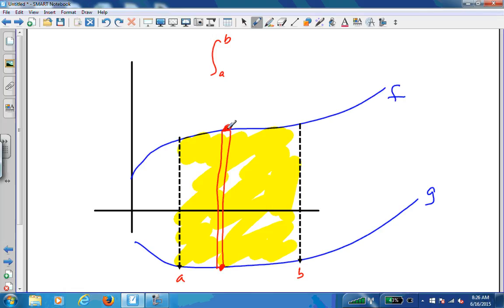So if we take this distance, that distance is given by f. This distance is given by g, but keep in mind that's negative. Our total distance is this distance plus this distance.